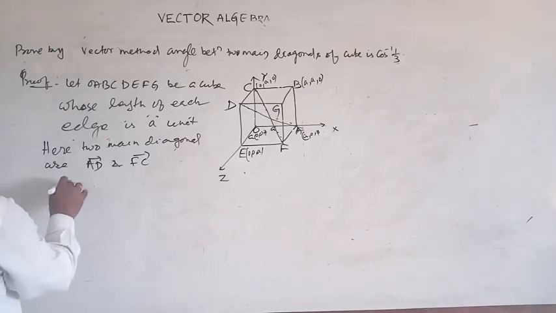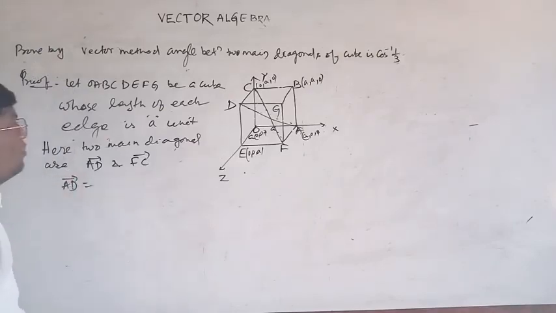So what is AD? AD is equal to D minus A.